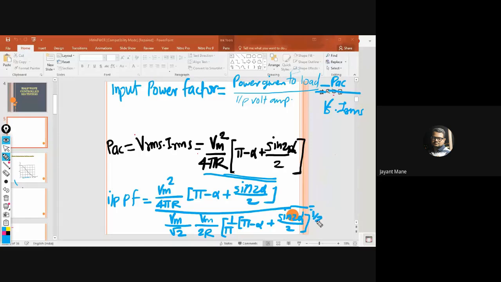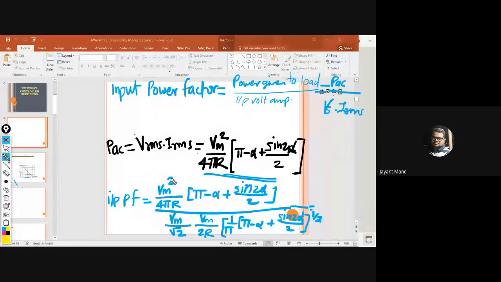Under root. So here is the full bracket and here it is under root. So after division, here in the numerator we will get the same bracket and it is just under root. Rest of the values will remain as it is. Then there is Vm square here, so it will get cancelled.